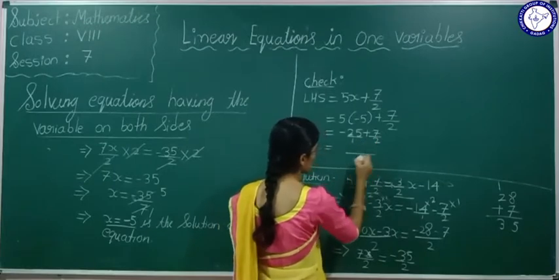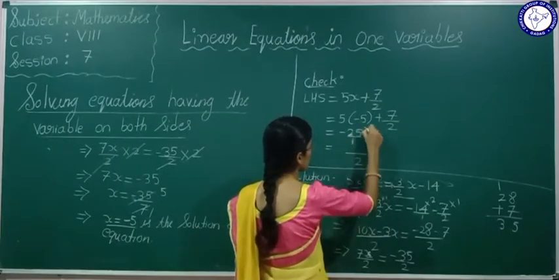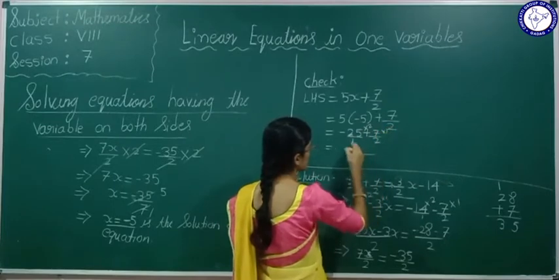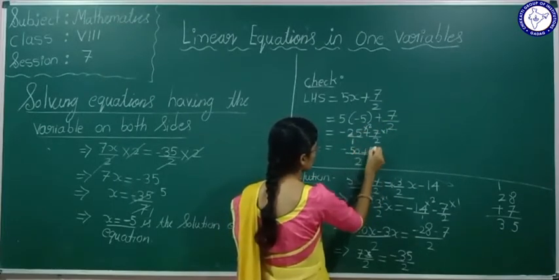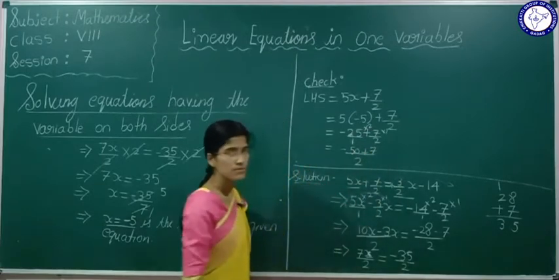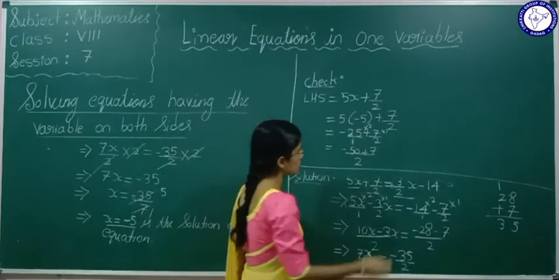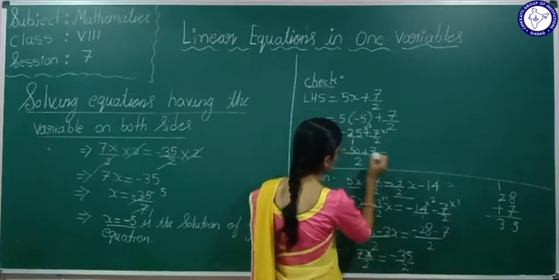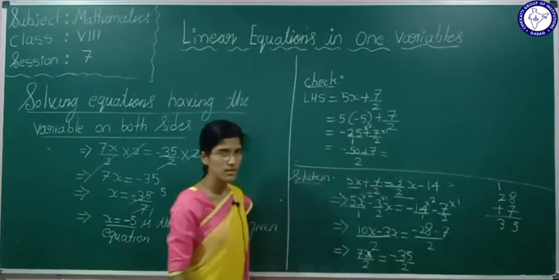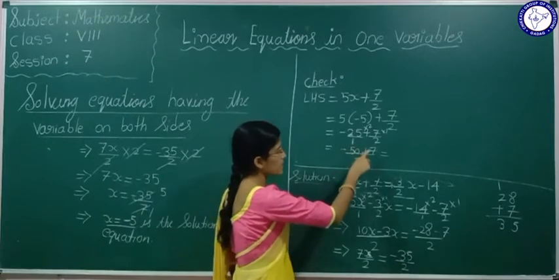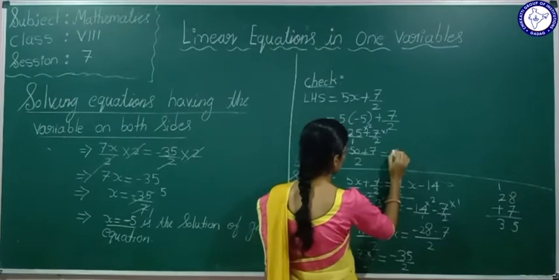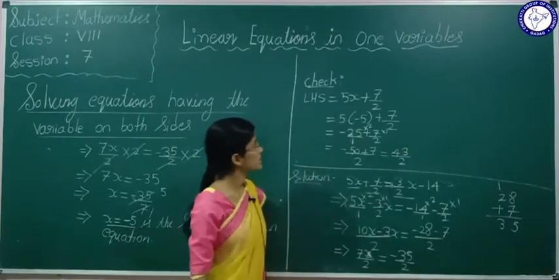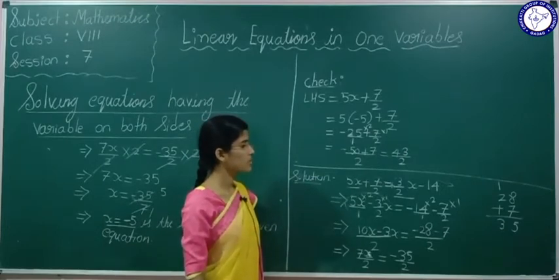The LCM of 1 and 2 is 2. 1 2s are 2, 1s are minus 25, 2s are 50, plus 7. Now see what this will be. Minus plus is minus, right? 50 minus 7. It will be 43 by 2. We got LHS is equal to 43 by 2.